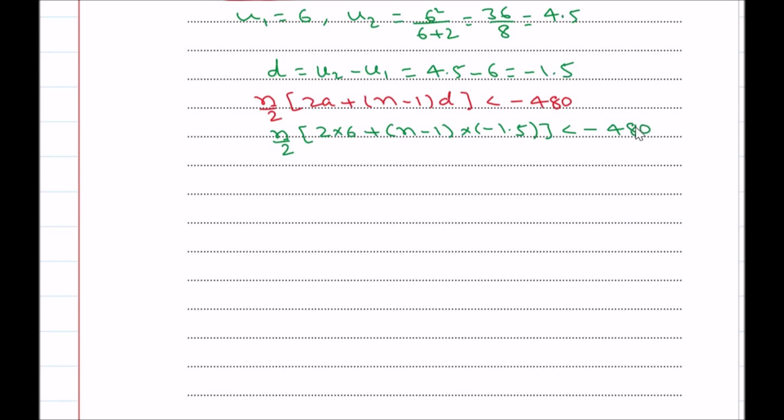Okay. Now n by 2, 12 minus 1.5n, let us open the bracket, minus 1.5n plus 1.5, and then that is less than minus 480.